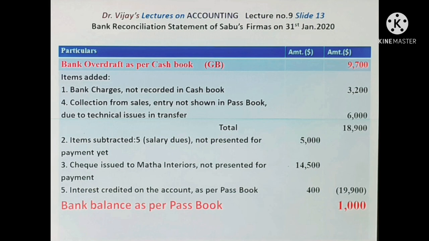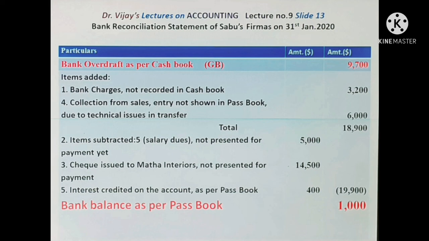Now, the items to be subtracted we are showing in the inner column. Second one, salary dues not presented for payment, $5,000. The third cost of difference, check issued to Mother Interiors not presented for payment, $14,500. And COD number 5, interest credited in the passbook, $400.